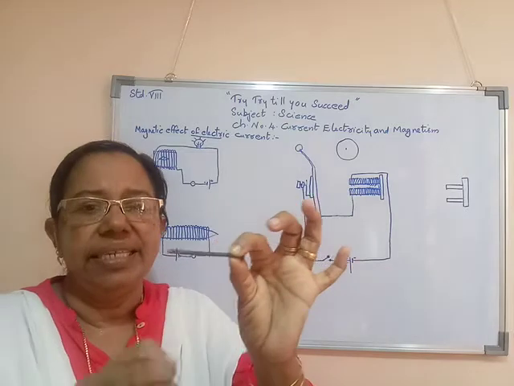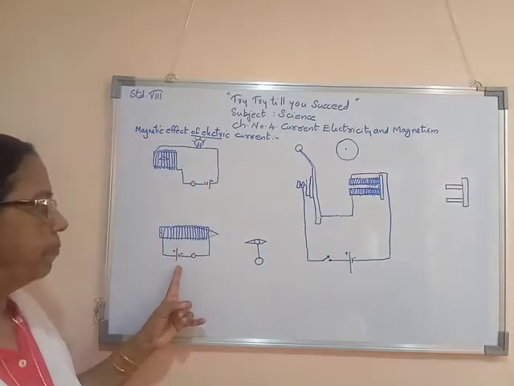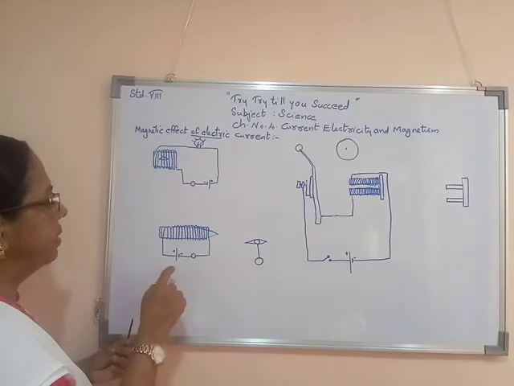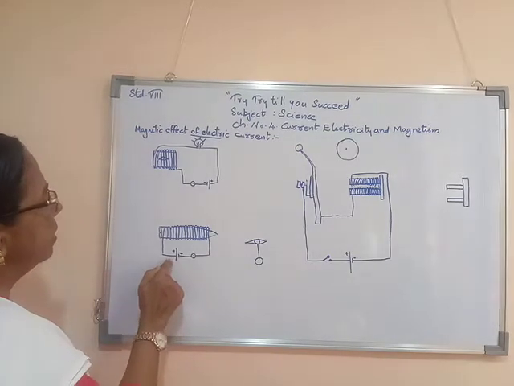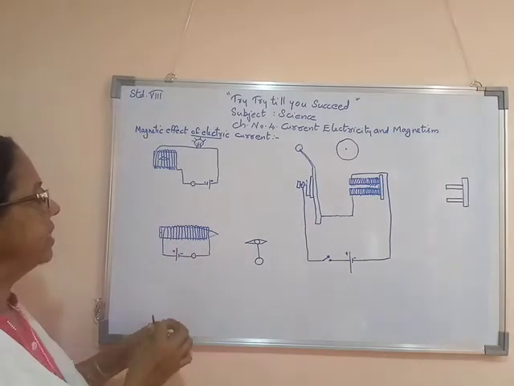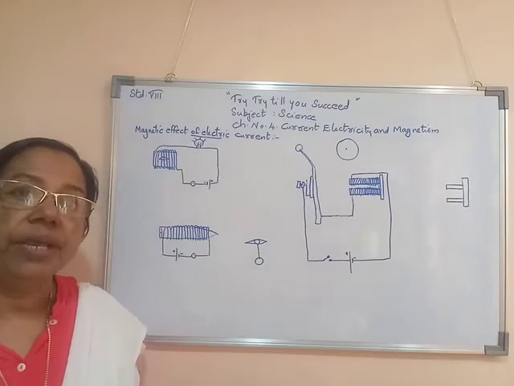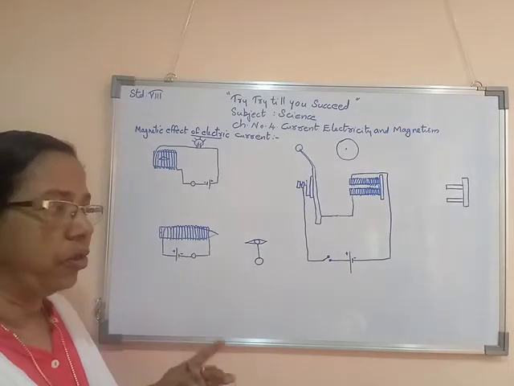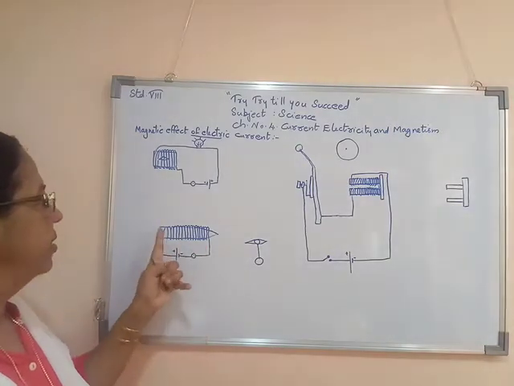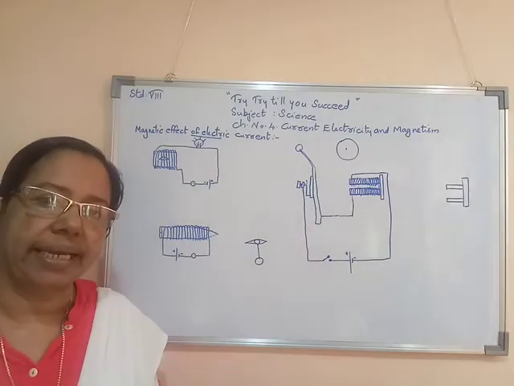Then two ends we have to join to the cell as shown here. You can find that with the help of this cell, current started to flow through this wire. As a result of it, a magnetic field is produced. That magnetic field produced by this wire made this iron nail an electromagnet.